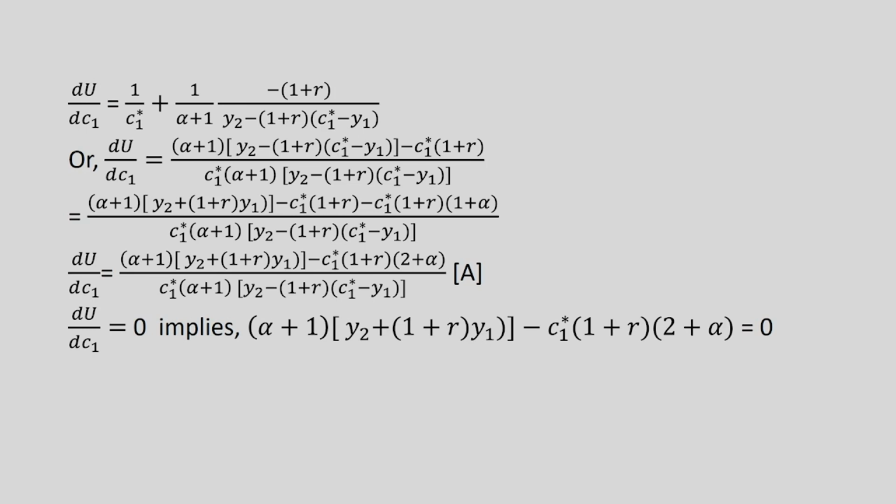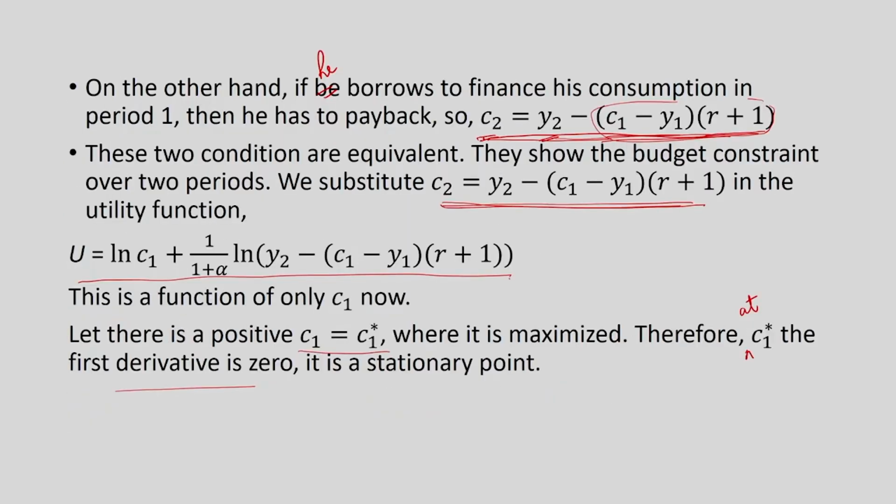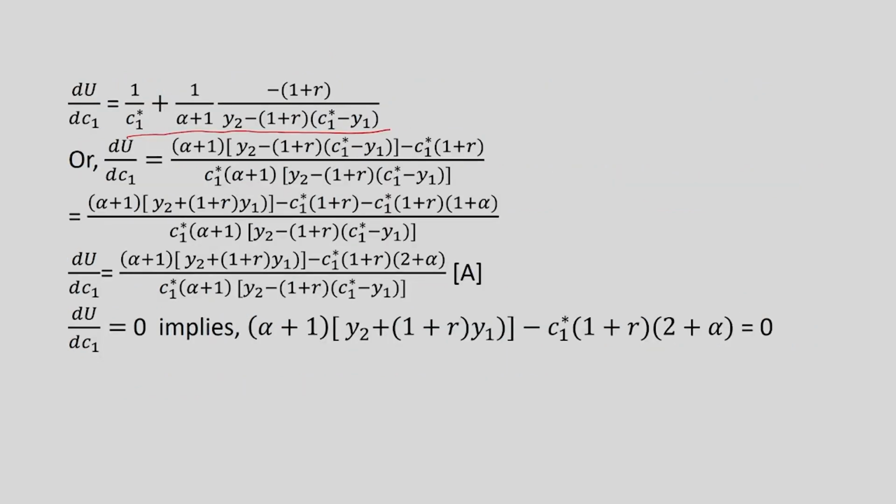Okay. So, I have taken the first derivative, and on the right hand side I have written what we get if we take the derivative of this function, and I am assuming that we are evaluating this function at the point of maximum, which is C1 star. So, every C1 has been replaced by C1 star.